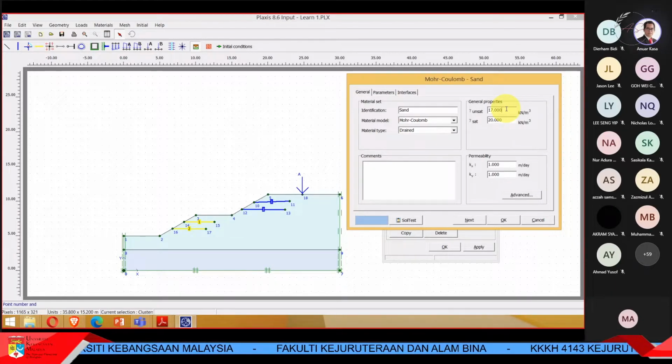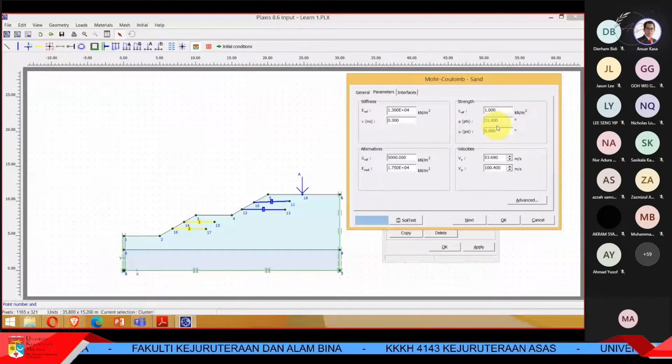And cohesion here, because sand is about 1. Normally we don't put 0 because sometimes we worry it will have the issue of dividing by 0, so the calculation goes haywire. So we put at least 1 or 0.1 so that the calculation gives a result. And the phi value, angle of internal friction, 31.